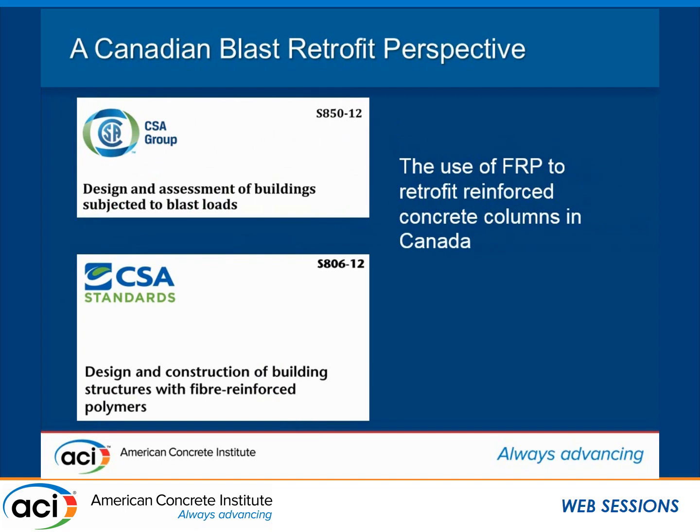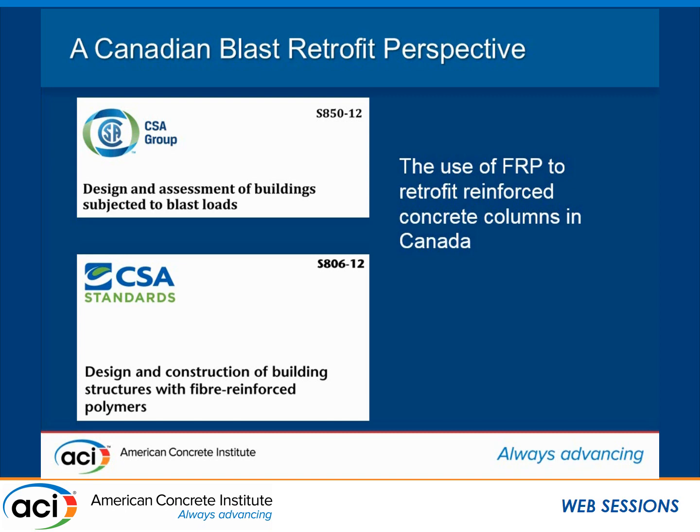So I'm going to look at some Canadian standards here, but you can be assured that they very much take inspiration from the work that was done south of the border. So a lot of this would be very, very similar to anything from ASCE or some other similar standards.